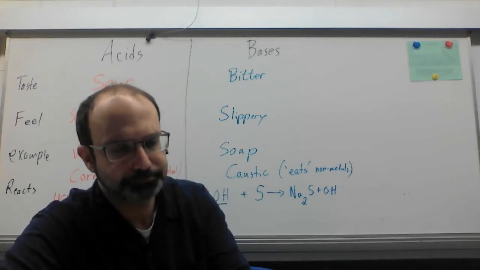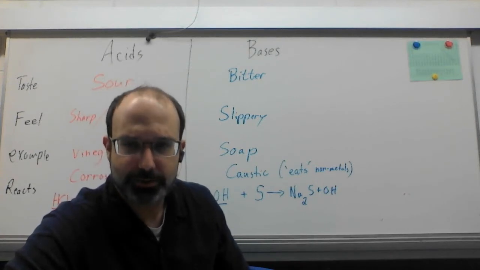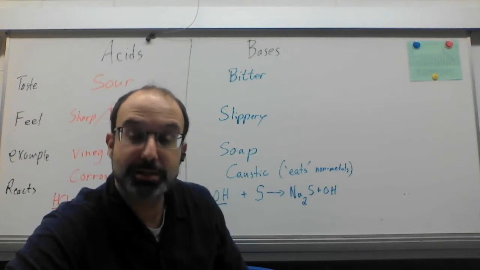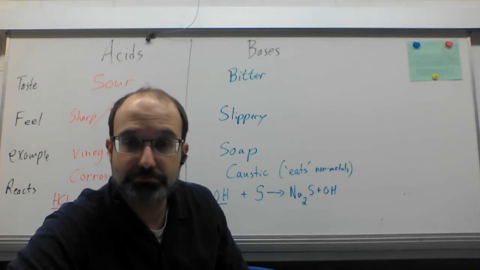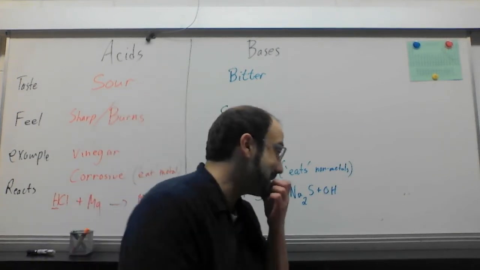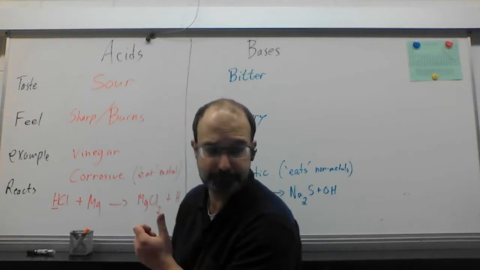Now, the scale is called the pH scale. P in this case stands for power, and H stands for hydrogen. So it's the power hydrogen scale. So basically, how strong is the hydrogen? And what you see is that the scale is a weird one, to put it mildly.